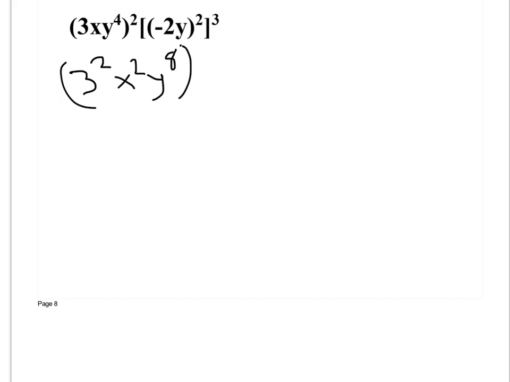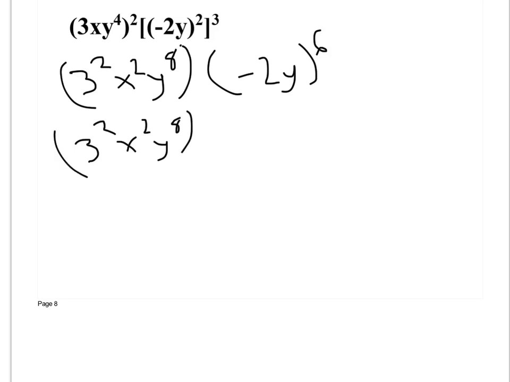The next step I'm going to do is raise everything to the 6th power, because this is supposed to be raised to the second power, which is raised to the third power. So I'm going to raise everything to the 6th power. Okay? So 3 squared, x squared, y to the 8th. Negative 2 to the 6th power, and y to the 6th power. Is everybody with me? Okay?